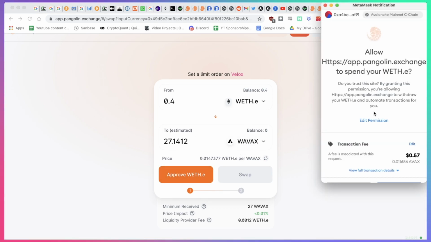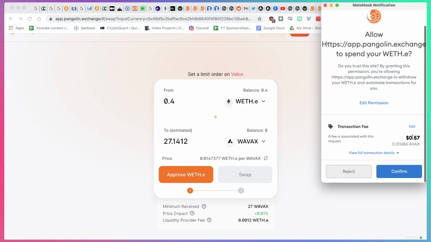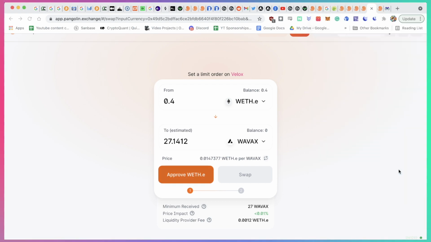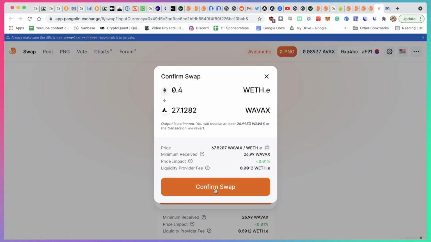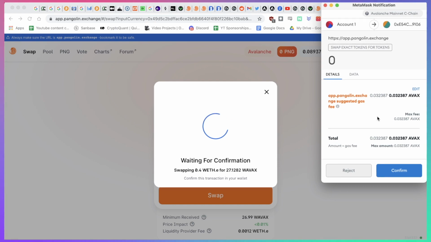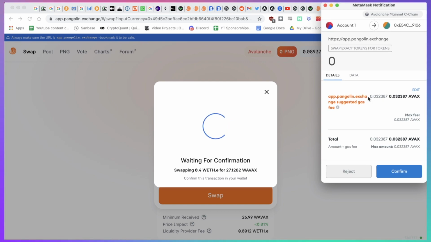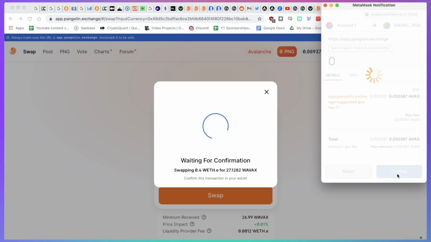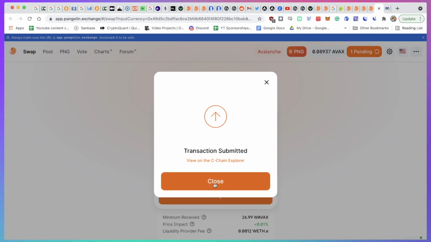I'll approve the wrapped ETH. It'll cost me 57 cents. I just click on swap, and then I should receive these wrapped Avax tokens. This will cost me 0.03 Avax. Done.